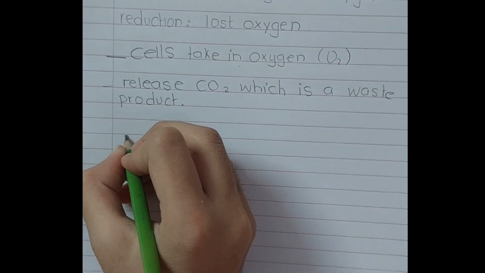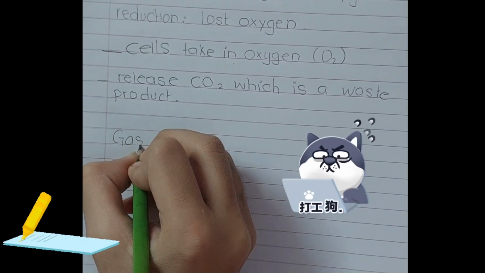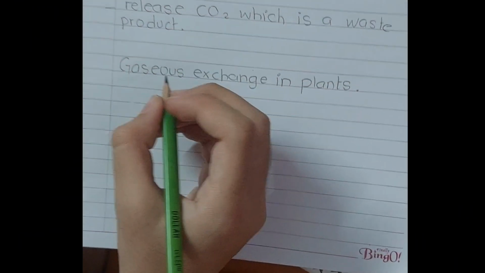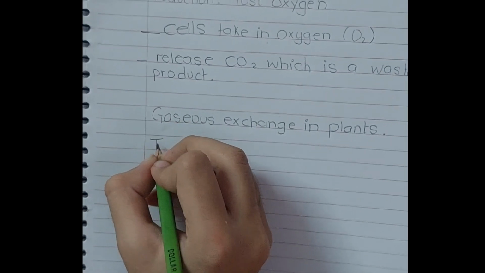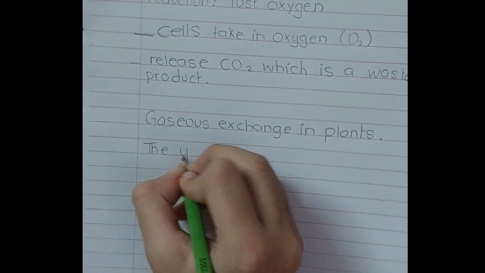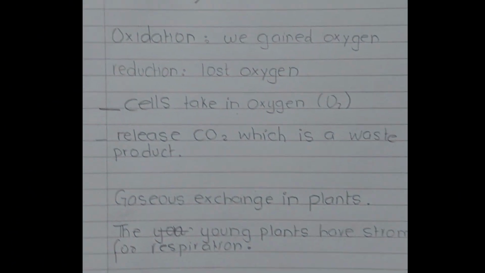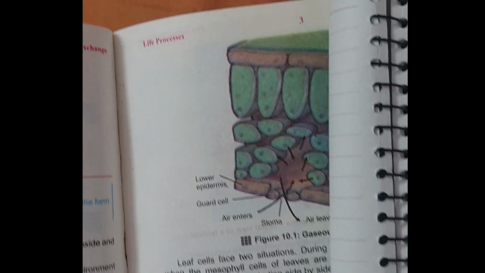The thing we have just learned is all gaseous exchange in plants, right? I have told you that young plants have stomata for their breathing and respiration. The adult plants have lenticels, which are like small layers of bark through which air passes.